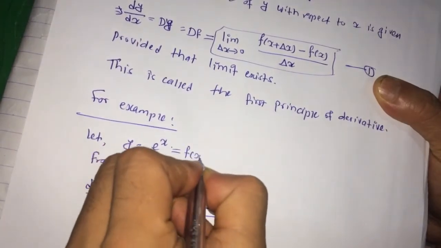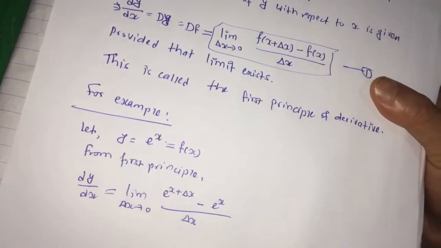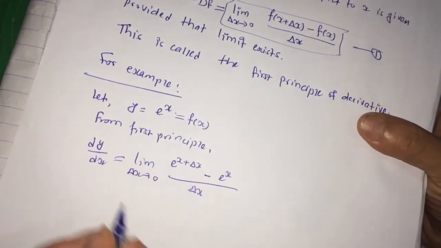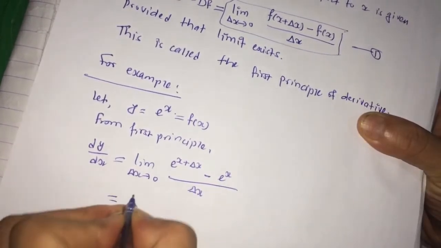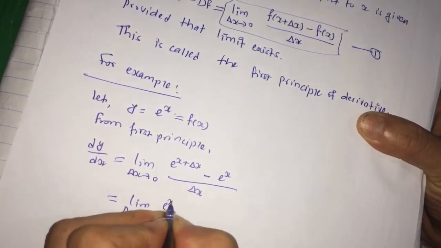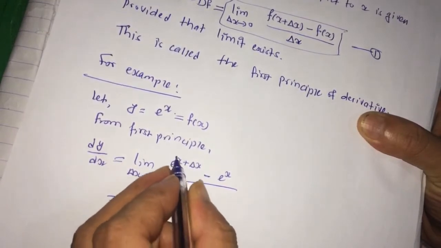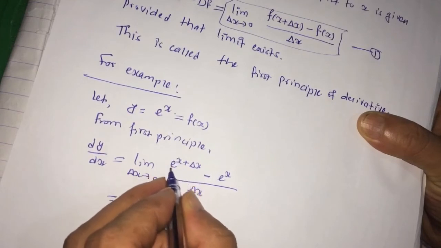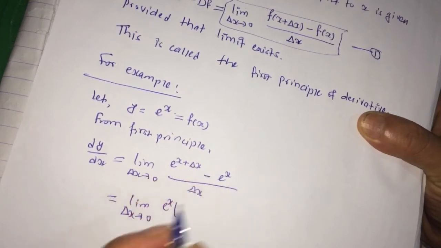Now you can take out exponential x common, because here is exponential x times exponential del x minus exponential x.